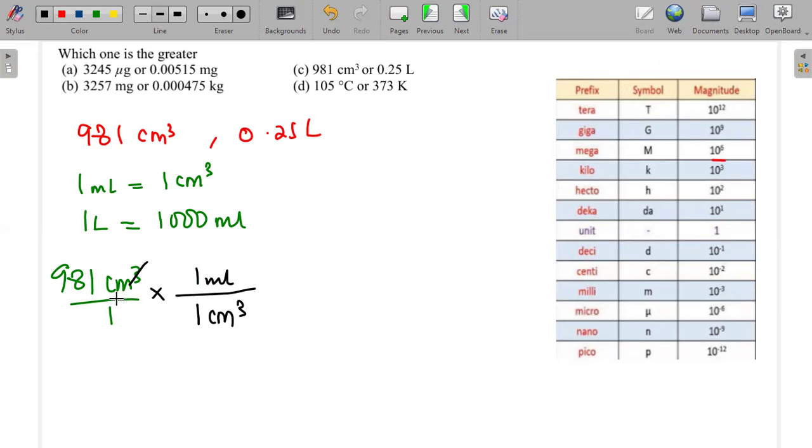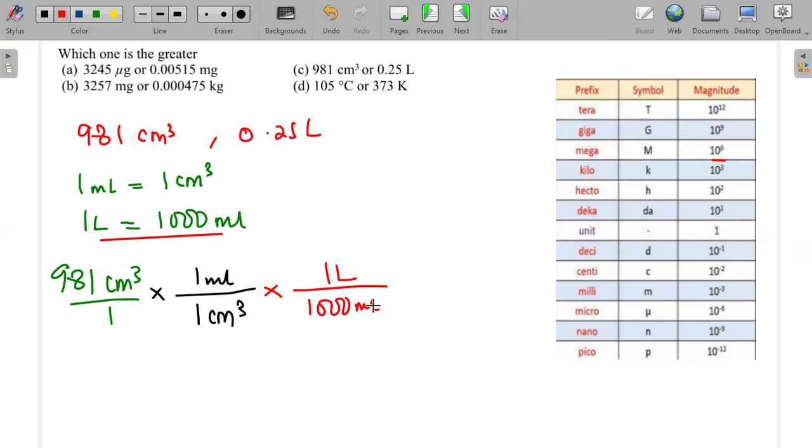Here this and this are going to cancel, and I'm just going to remain with the milliliters. But before we cancel, let's multiply again by another conversion factor. This one says 1000 milliliters is the same as 1 liter. Notice that I'm placing this in a strategic way so that whatever I don't want cancels out. The milliliter is on top here, so I'm putting the milliliter down.